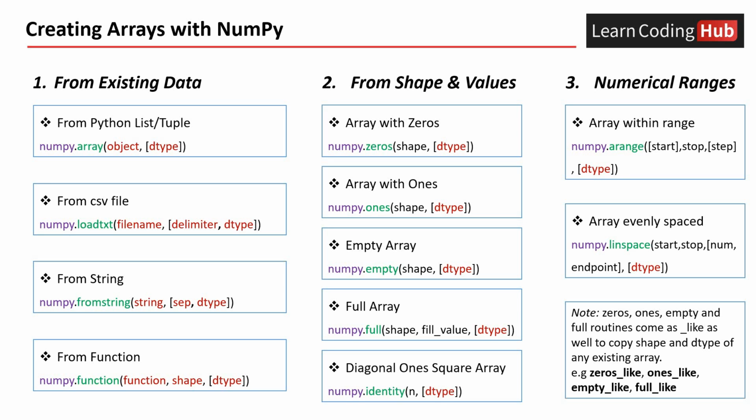So it is always good to specify the shape up front, if you know it, and then assign the values later on. With the empty array, it will pick whichever value is available within the memory.